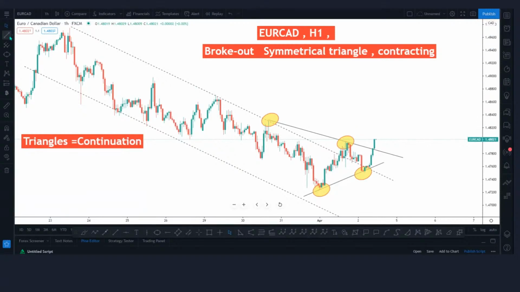So right here, triangles are continuation patterns. If you trade Elliott wave and you have an up wave like this, and then you come down in an X correction, then you may run into a corrective wave like this, and then you come to run into a triangle like this.